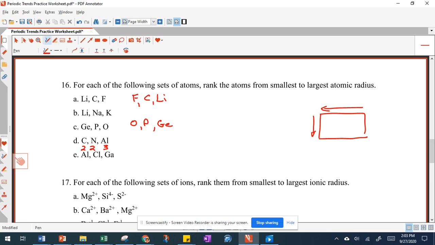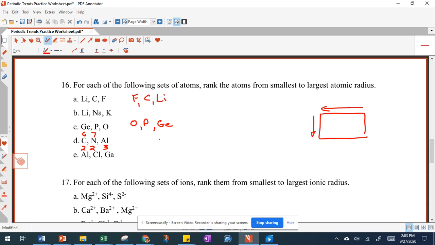So carbon has 6 protons in the nucleus, nitrogen has 7. They have the same number of energy levels. Both carbon and nitrogen only have 2 energy levels. However, nitrogen, with its greater number of protons, is going to be pulling those 2 energy levels in more. So of these two, nitrogen is going to be smaller than carbon.